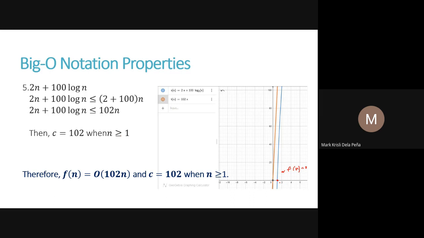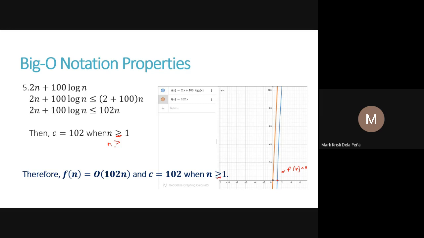If you take a look at this function, 2 plus 100 log base 2 n becomes 0. So this should be just a correction, that it should be greater than 1. So it could be n is greater than or equal to 2.